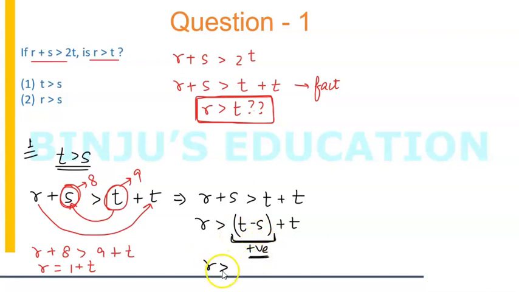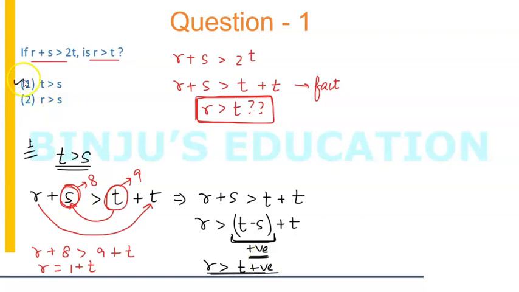So r is greater than t plus a positive number. Now you're adding a positive number to t so as to get r, basically you're adding something to t in order to attain the value r. So I can simply say that r has to be greater than t. Whichever way you want to do it, it's completely fine.